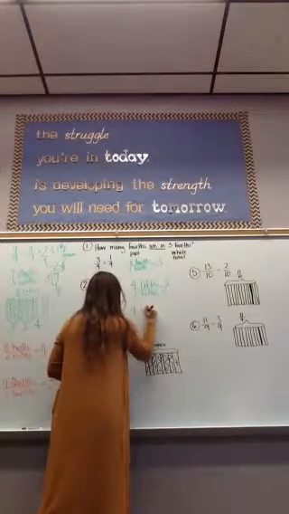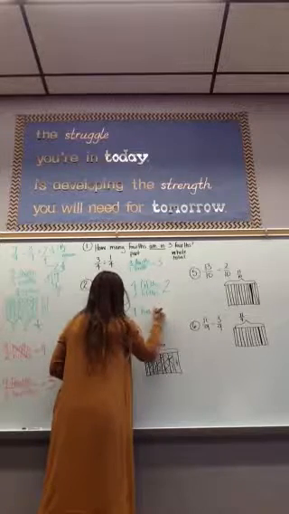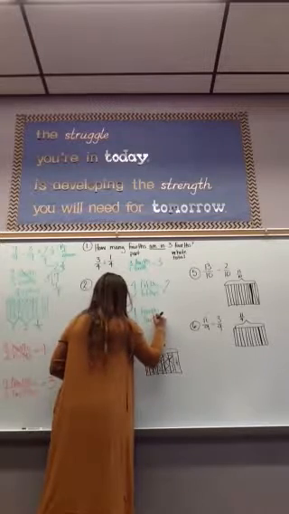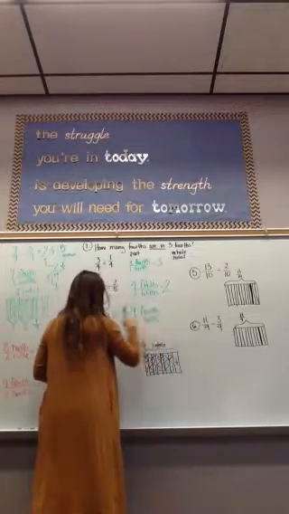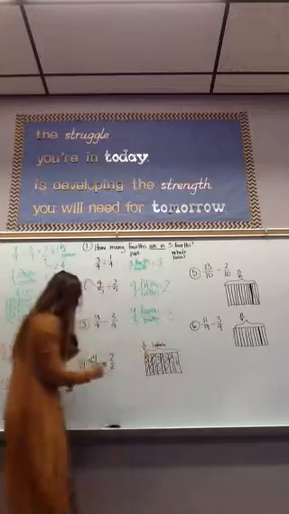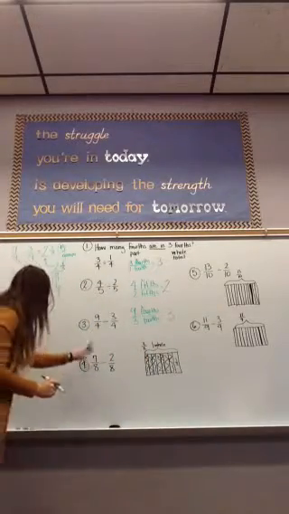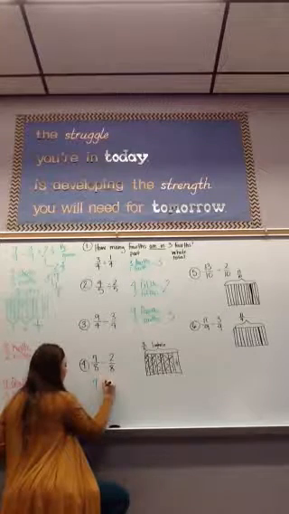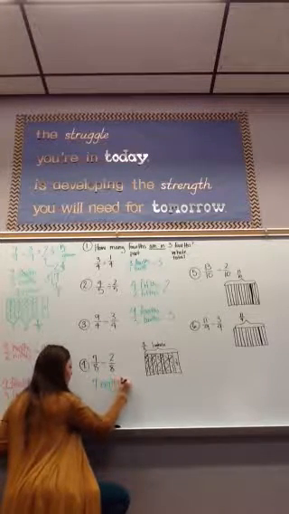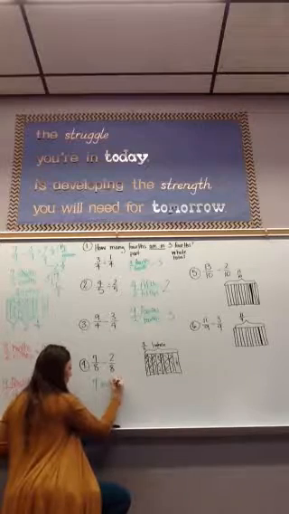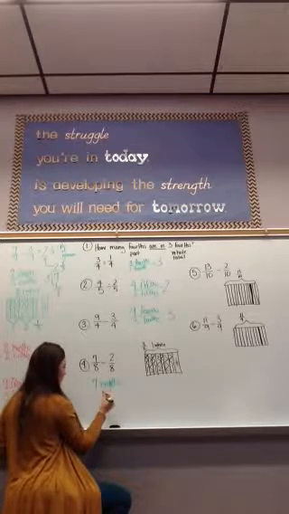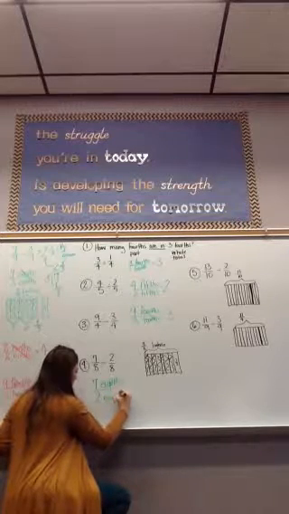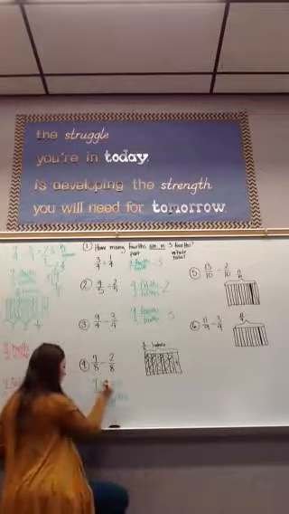So writing it in unit form, divided by 3/4. Our fourths would cancel out. 9 divided by 3 is 3. Okay, moving down to 7/8 divided by 2/8. So if I wrote it in unit form, my eighths would cancel out.